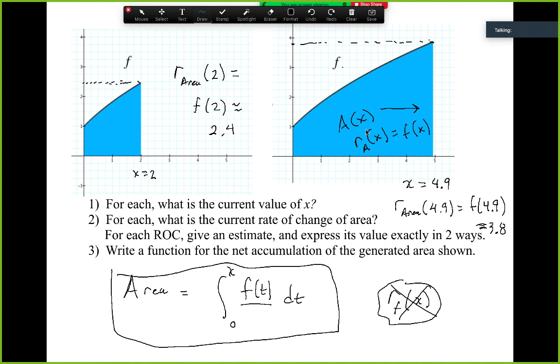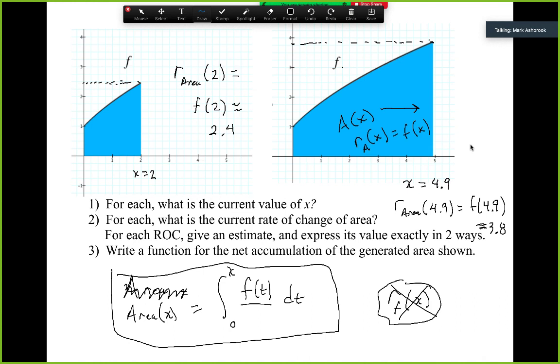That's like the area of x. I should have written area of x equals. So that's what we're after. We're after a function that gives us the accumulation of this blue region.